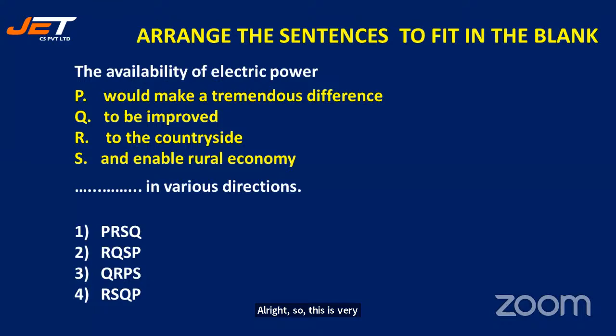So the first one, we'll do it for you. Just quickly look at the board. The availability of electric power dash in various directions. This PQRS has to be arranged properly, chronologically as per the sentence. The first one's answer is PQRS.